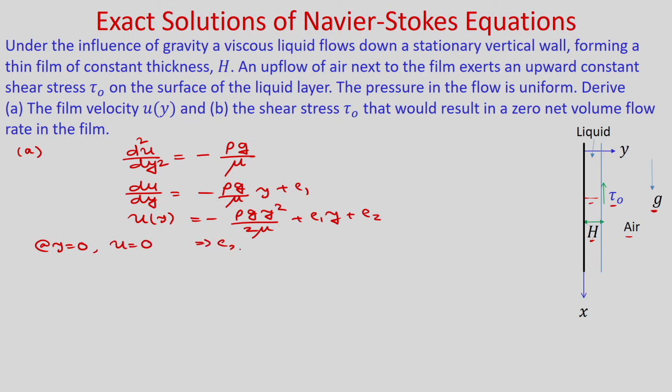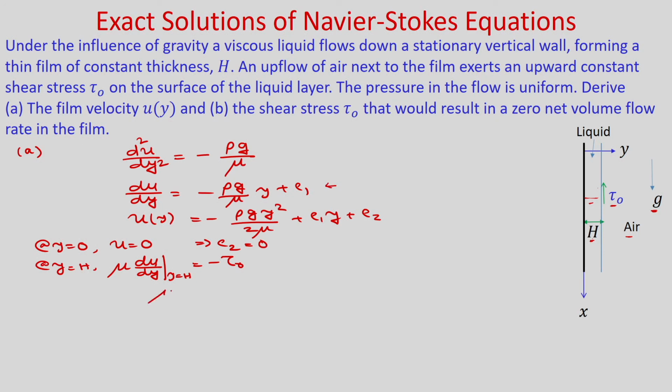So, that will give C2 is equal to 0, and at y is equal to h, the shear stress in the fluid side will be equal to minus tau naught. So, we can write mu du by dy at y is equal to h is equal to minus tau naught. Okay. So, if you put this then du by dy is this expression.